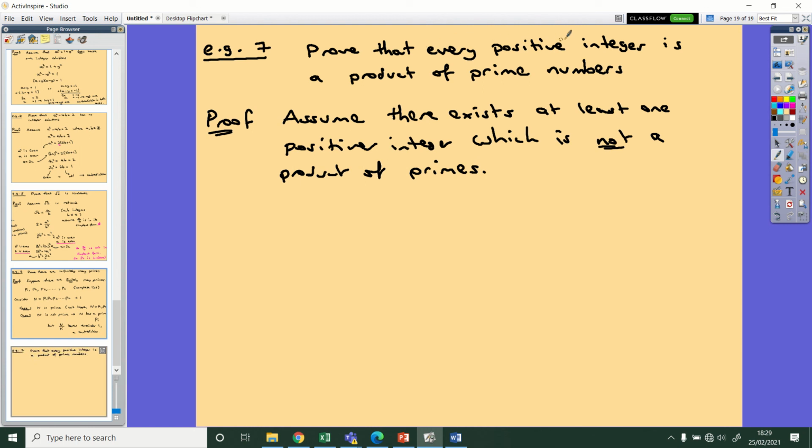To negate the fact that every integer has this property, we've got to assume that there is at least one that does not. Not that none of them do, that there is at least one that doesn't have this property, and then that's negated. Okay, so if some numbers can't be written as products of primes, then there must be a smallest one. If we're talking about positive integers, then there must be a smallest one. So let's let capital N, my favourite letter for today, be the smallest of these.